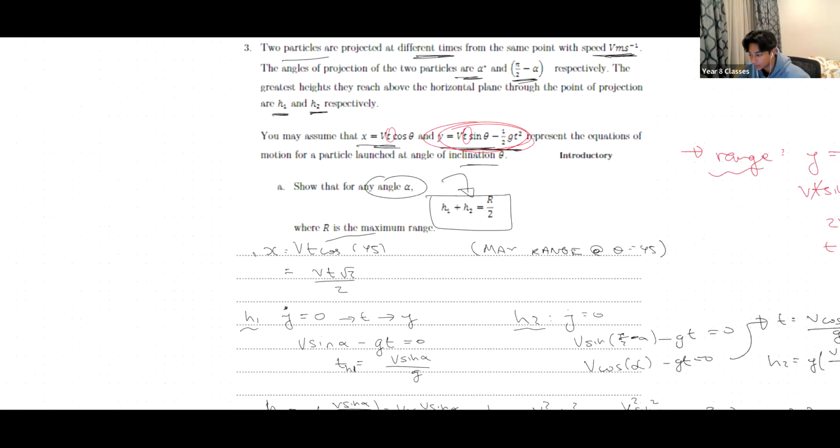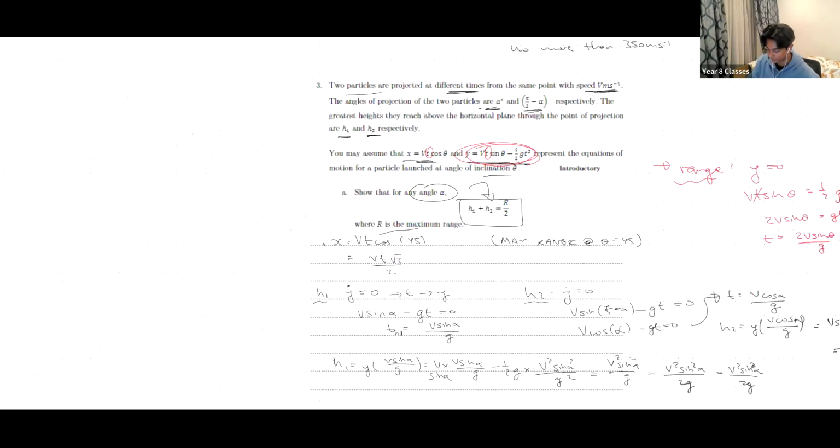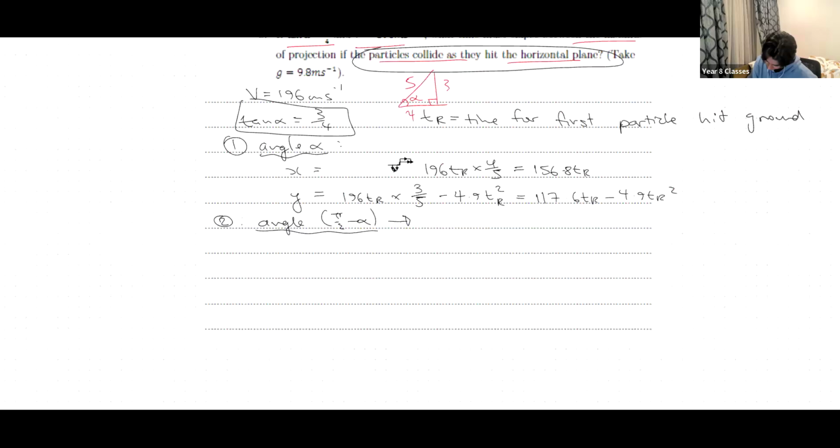Oh, okay. So considering that it's time of flight, we say T equals time of flight. What is the time of flight of the second particle going to be, given that it lands at the same time that the first one does?